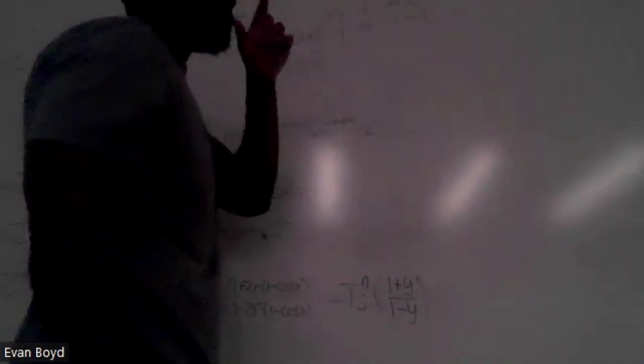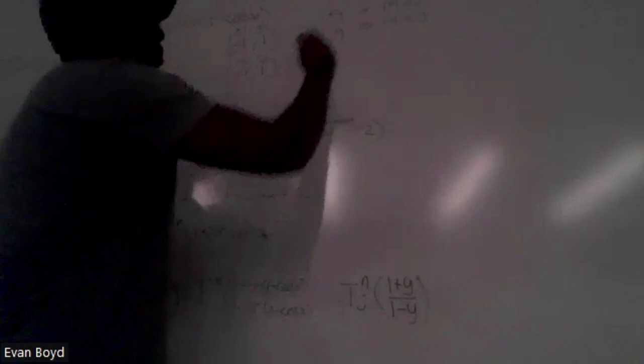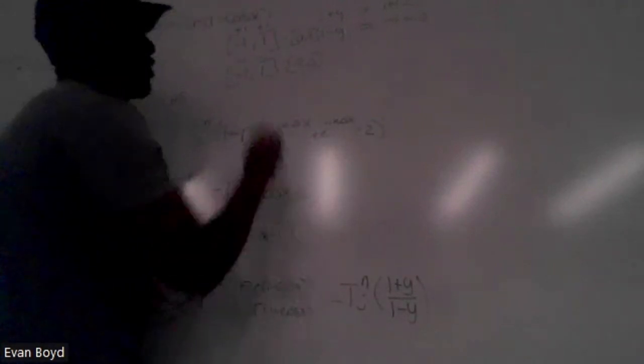So the y's here just represent what we just did up here. But we don't worry about the 0, we worry about the 2. So we can plug in 2 for the 1 minus cosine of x. So we can represent y as 2 now.